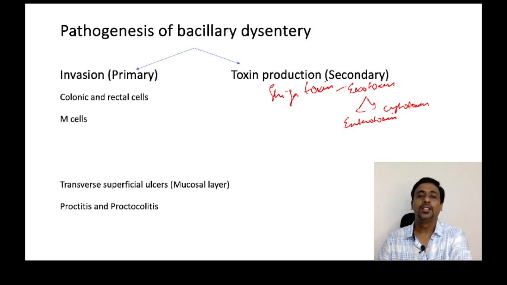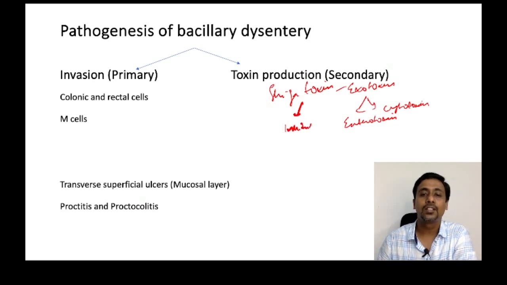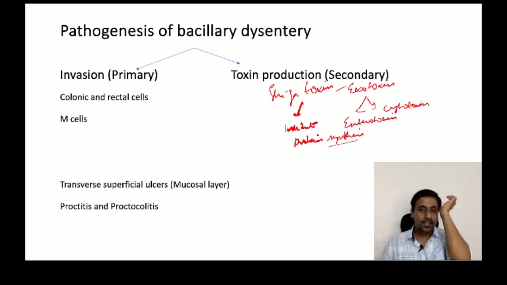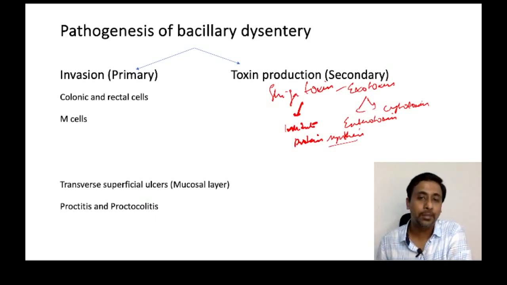And this Shiga toxin basically inhibits protein synthesis, and it has two subunits, subunit A and B.